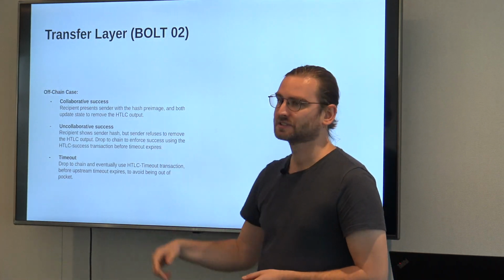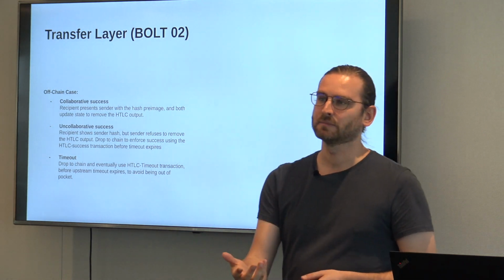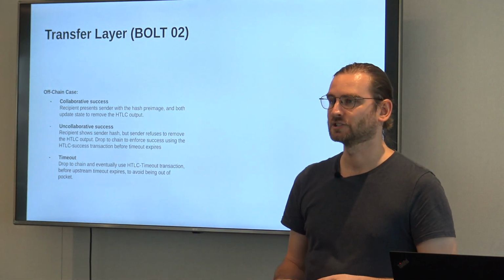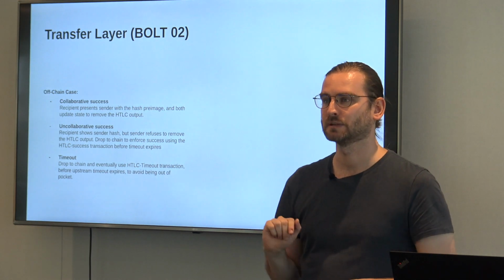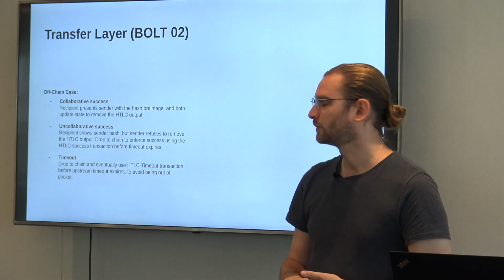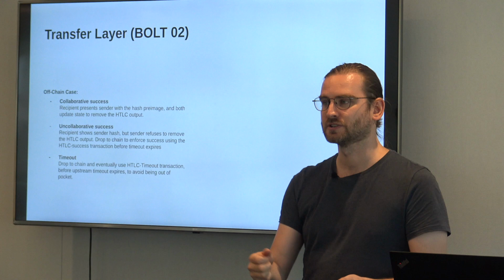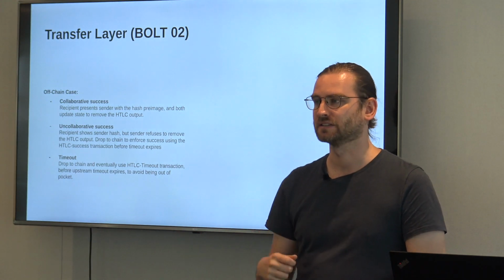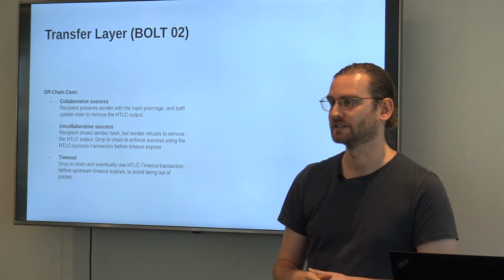And in a collaborative success, the receiving endpoint basically shows, hey, here's my preimage to your hash, and we both agree that we just remove that, increase the balance of the recipient, and decrease the balance of the sender.